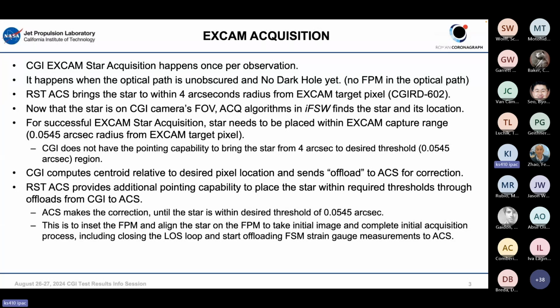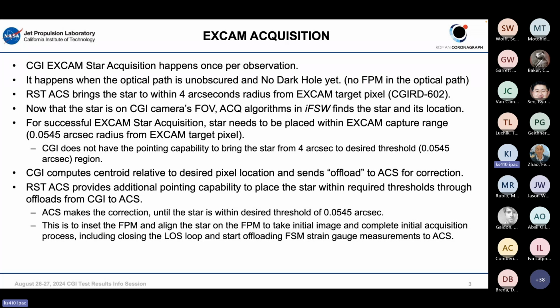It does that over and over until it brings it to the desired region that we want. Once we know that the star is at that threshold region, we say that it is a successful XCAM star acquisition.